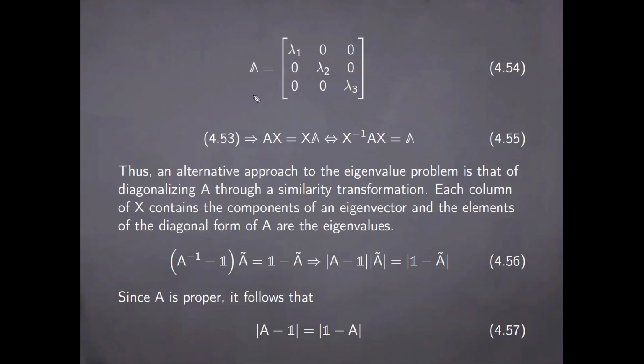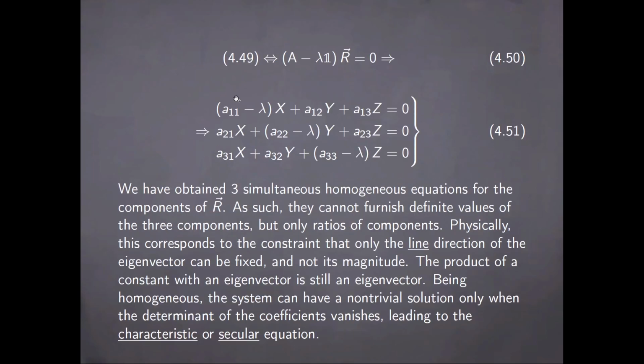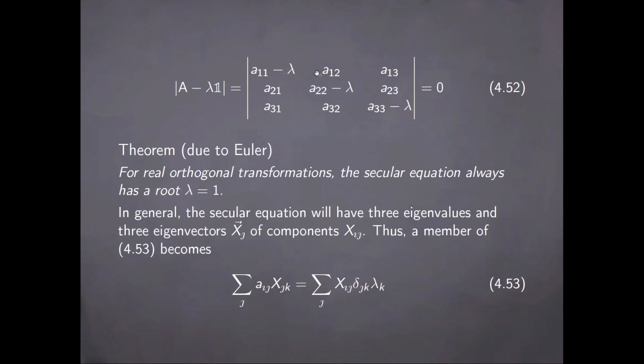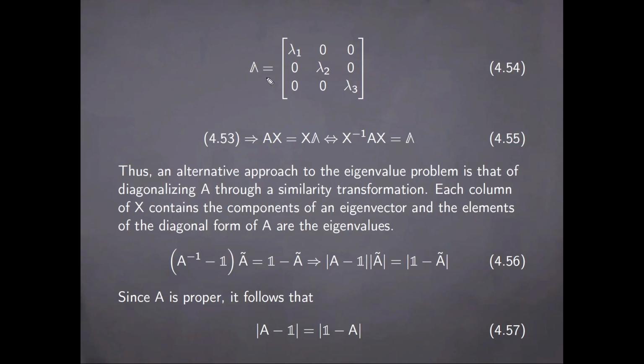And then, since we can associate through the representation here, we can associate the eigenvalues of the matrix A with an eigenvalue matrix lambda, which is diagonal. We can reformulate equation 453 as the matrix equation here, which can be multiplied by the inverse of the matrix X of the eigenvectors from the left to obtain this form.